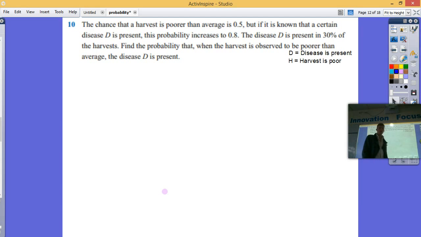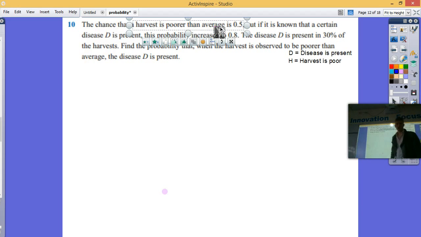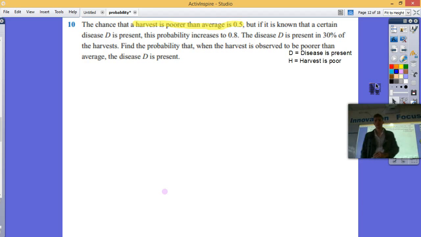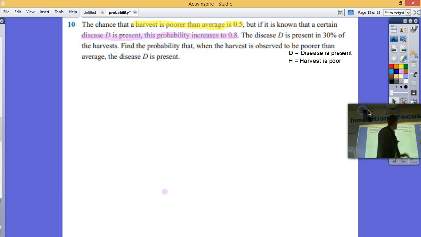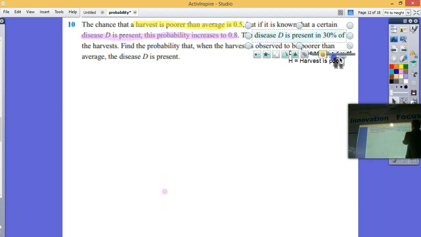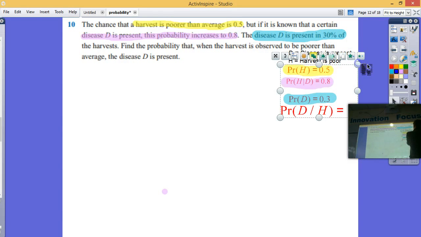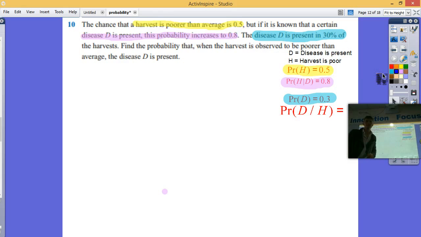So the first thing we're going to do is identify the key information and summarize it in the right notation on the side. So from here, harvest is poorer than average is 0.5. So that's an important piece there. But if it is known that a certain disease is present, this probability increases to 0.8. So there's a conditional part there. And the disease is present 30% of the time in the harvests. So considering that, I can summarize it in this manner.